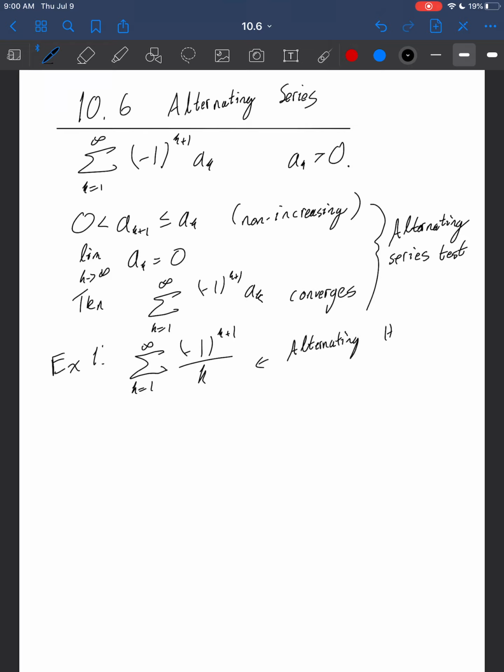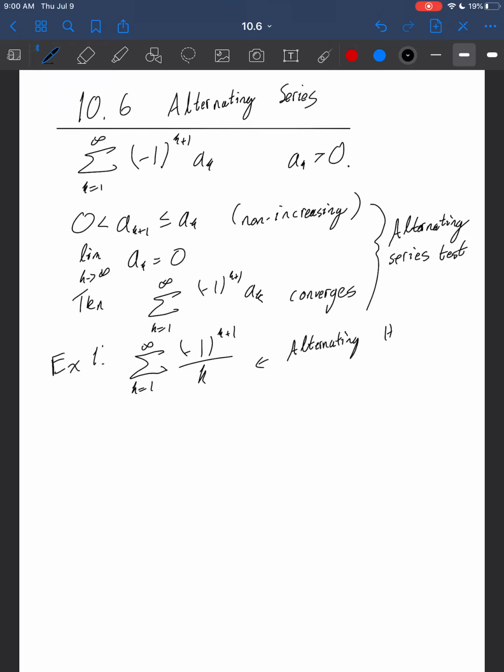Okay, well, we need to check two things. We need to make sure our terms are non-increasing to use our alternating series test, and then we need to show that the limit of the terms is going to be 0. So we have 1 over k plus 1, and we'd like to show this is less than or equal to 1 over k. As we've talked about previously, when we take reciprocals, we flip the sign.